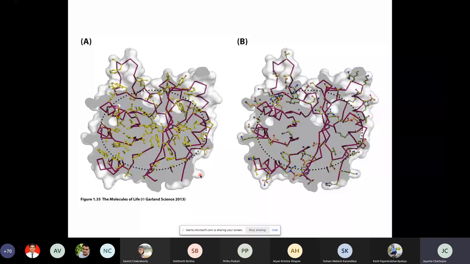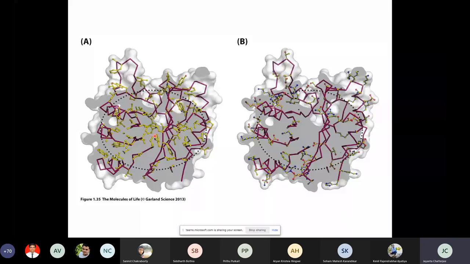There is a beautiful transverse section through the protein molecule, and what you see here is the core of the protein. The ribbon-shaped structures in deep purple or maroon color are the polypeptide backbone, the CONHC alpha, CONHC alpha, what we saw.